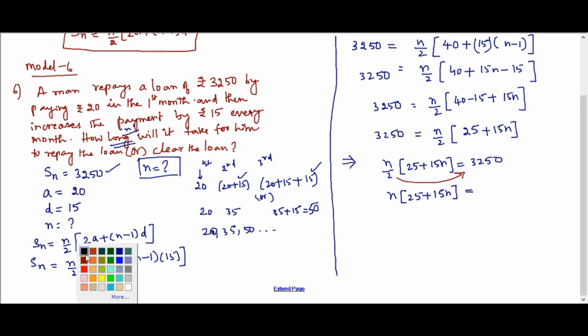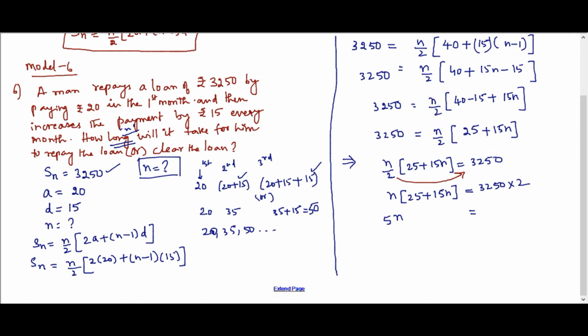Yes, so I can do that. It's a number in the denominator, so you can bring it to the other side and call it multiplication. So it should be 3250 into 2. So n times, is there anything else common here? Yes, 5 is common, isn't it?